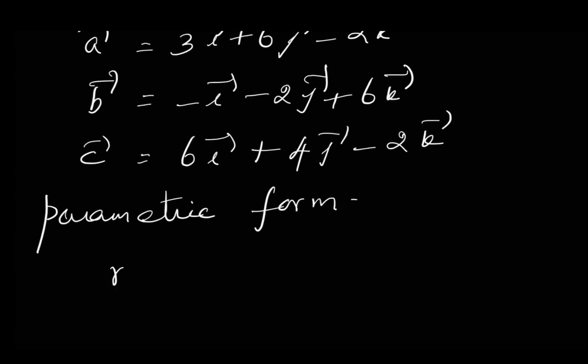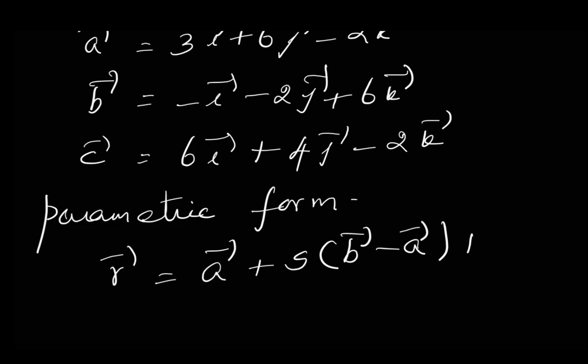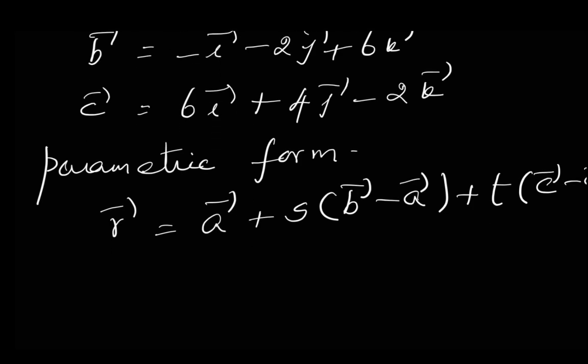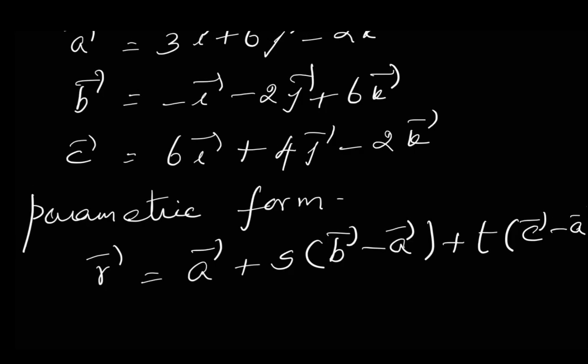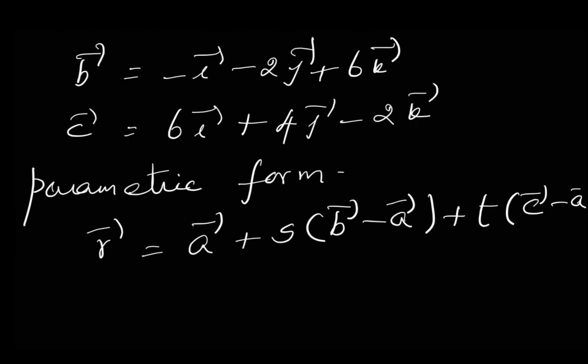First one is the parametric form. So vector r is equal to vector a plus s into vector b minus vector a plus t into vector c minus vector a. We have to substitute here vector a, vector b, vector c.